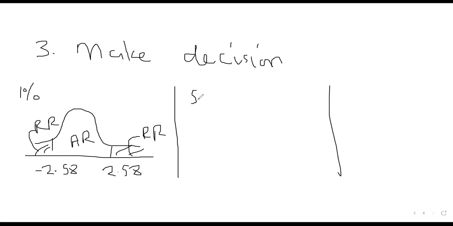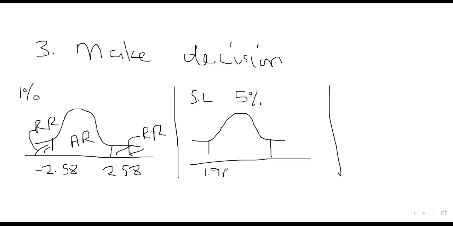Suppose we're dealing with 5%. What are the critical values? 5% here we have what? Negative 1.96. And on the other side we have what? Positive 1.96, correct. So this middle area is called what? Accept region.